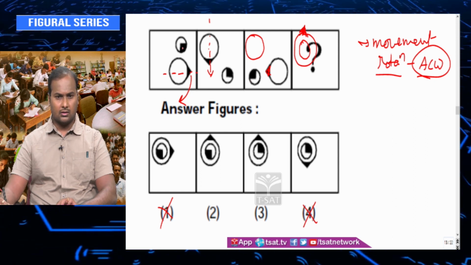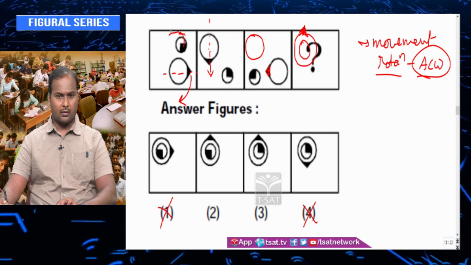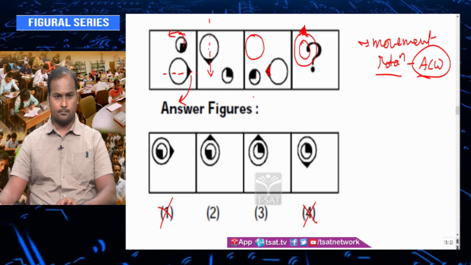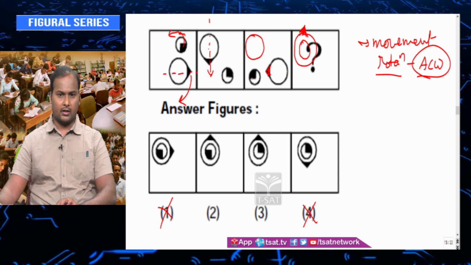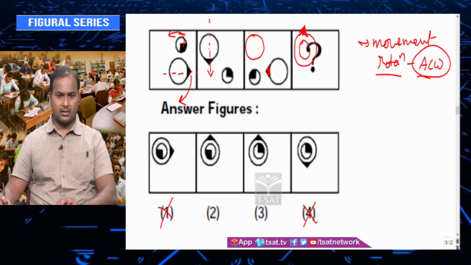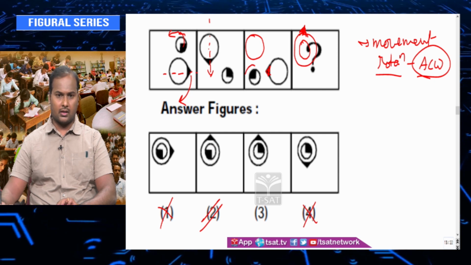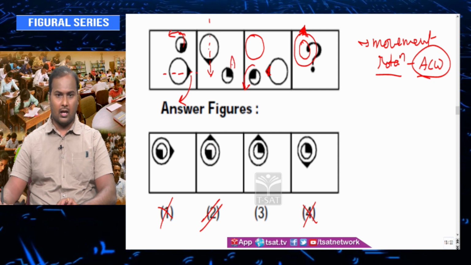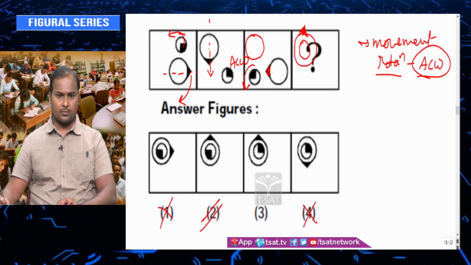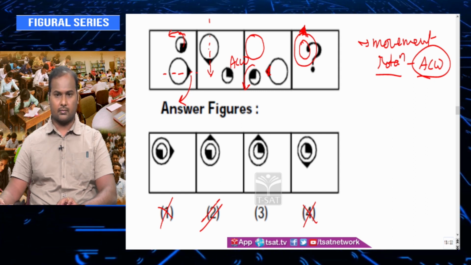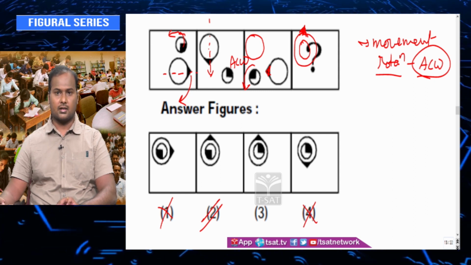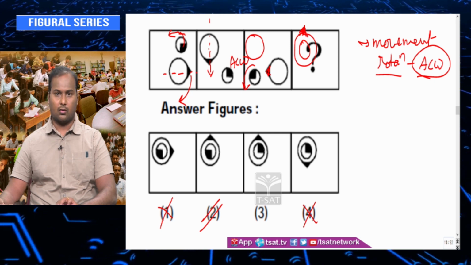It is here, and again moves to the top, and again rotating, and will come to the bottom. So option 2 is the answer. Just rotate this small circle in the anti-clockwise direction, and you will get option 2 as the answer. So in this case, both the circles are moving as well as rotating.